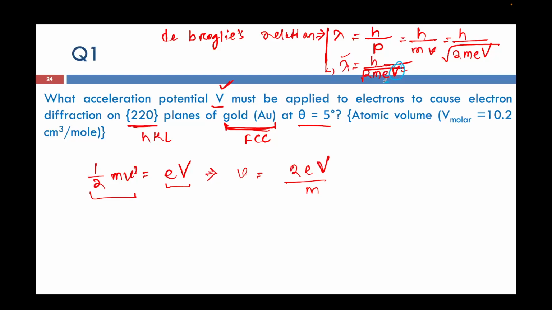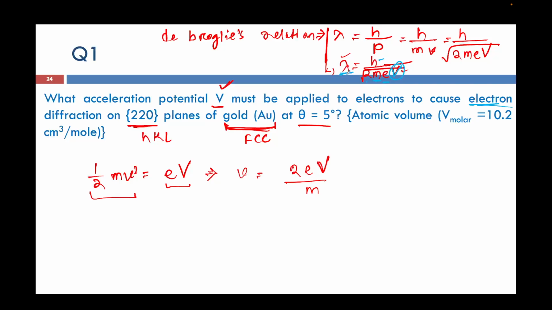I know e. What is e? The charge of the electron, 1.6 into 10 to the power minus 19. What is m? The mass of the electron, because here I am talking about electron diffraction, which is 9.1 into 10 to the power minus 31 kg. I know h, Planck's constant. That means to calculate V, I have to know lambda first.